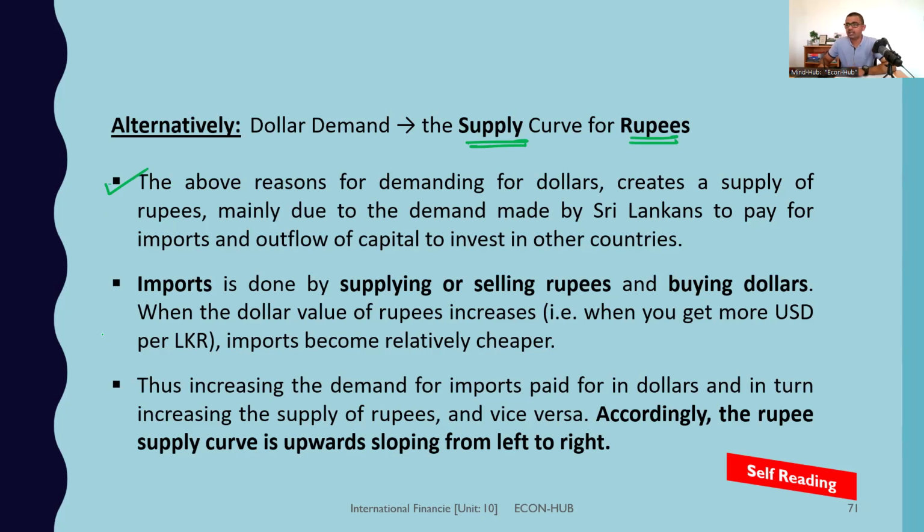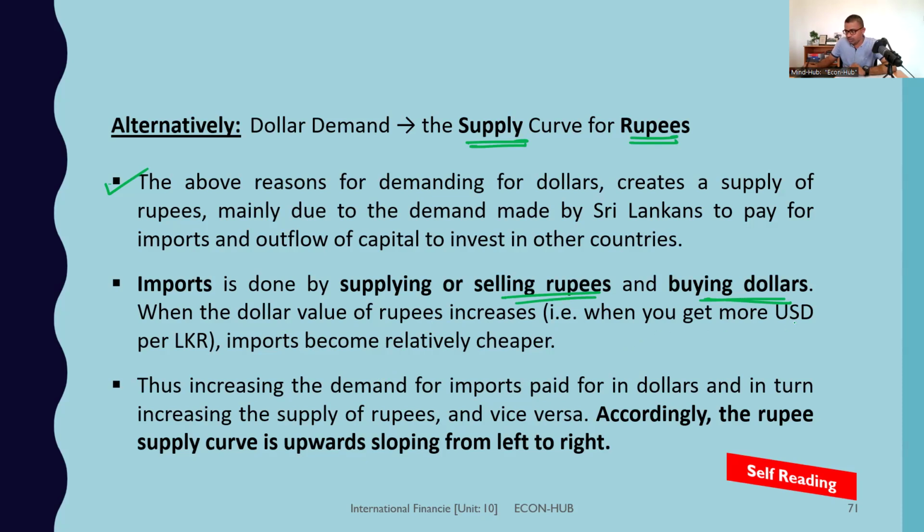Work with me. Then it says, import is done by supplying or selling rupees and buying dollars. We sell rupees and we buy dollars. When the dollar value of a rupee increases, that is confusing? Don't worry. What does it say within brackets?